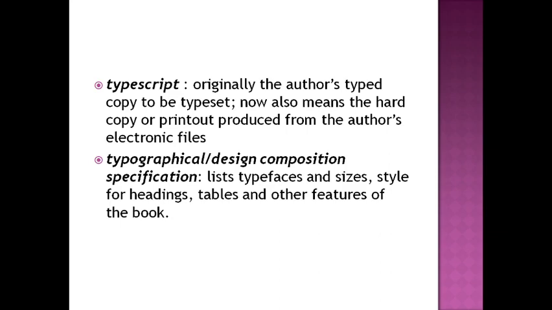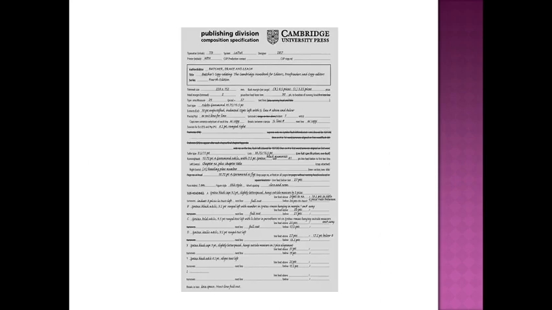So it is the list in which you have typefaces and sizes, style for headings, tables and other features of the book. It is a list which contains all these things. So this is an example where you see the designer's typographical specification.